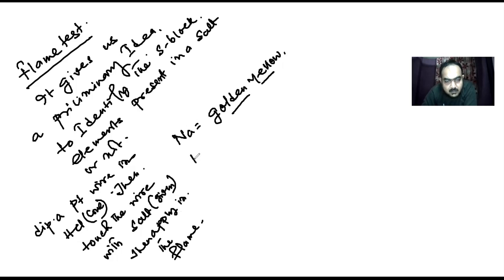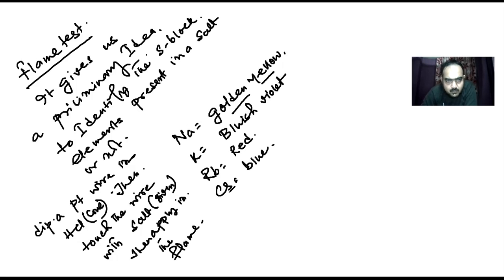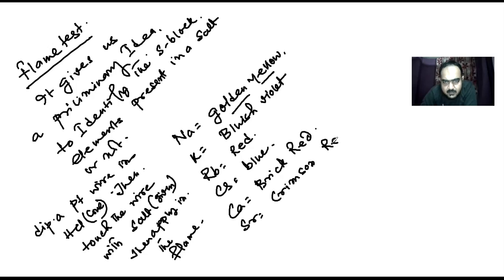Golden yellow means sodium, potassium means bluish violet, rubidium is red, cesium is blue or violet blue, calcium is brick red, strontium is crimson red, and barium is your apple green.